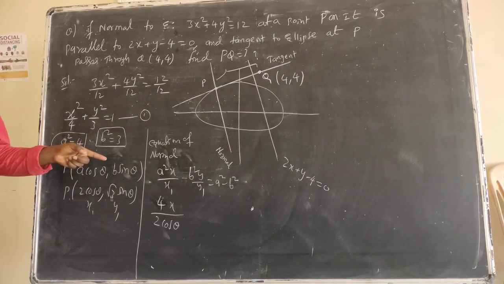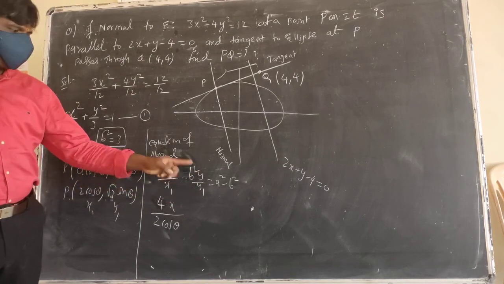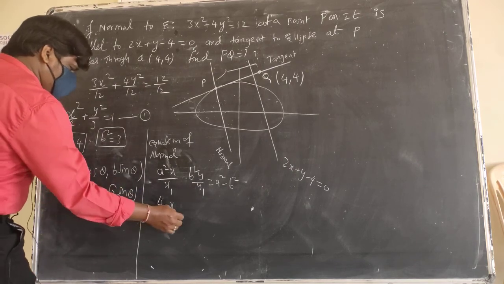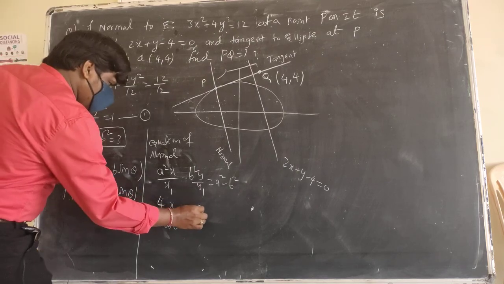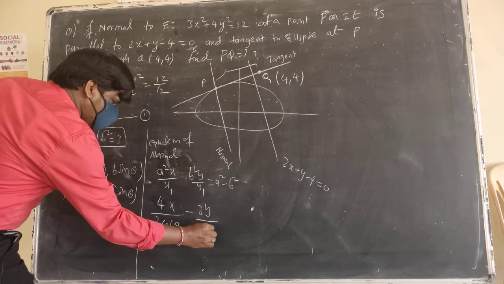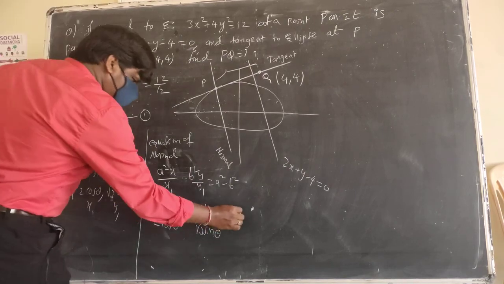The equation of the normal formula: a square x by x1 minus b square y by y1 is equal to a square minus b square. So 4x by 2 cos theta minus, b square is 3, 3y by root 3 sin theta, is equal to 4 minus 3, that is 1.